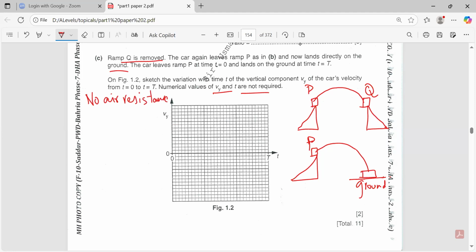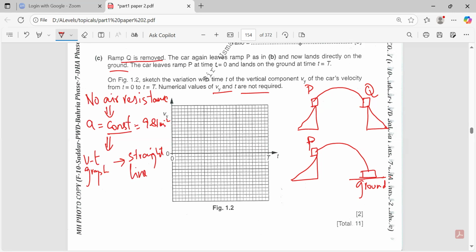Whenever there is no air resistance, acceleration is considered constant, and the constant acceleration will be taken as 9.81 meters per second squared. And this means that when acceleration is constant, how is a vt graph drawn? The vt graph is drawn as a straight line. A vt graph is always a straight line graph.